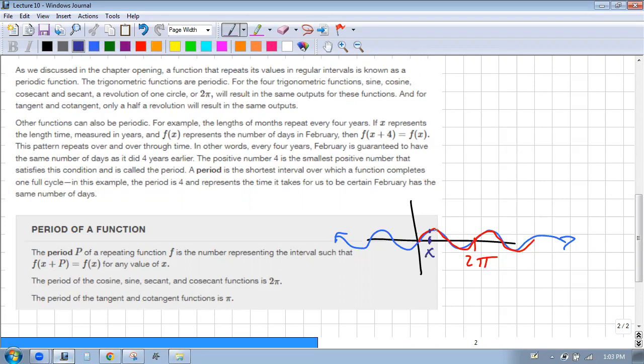If I add 2 pi to that x, I'm over here, x plus 2 pi. I'm still getting the same output. So what they mean here is a function is p periodic if it repeats itself. I can add p to the x and it doesn't change the value, and that's true for any x. That would be a periodic function.